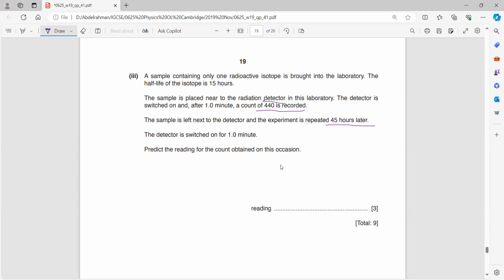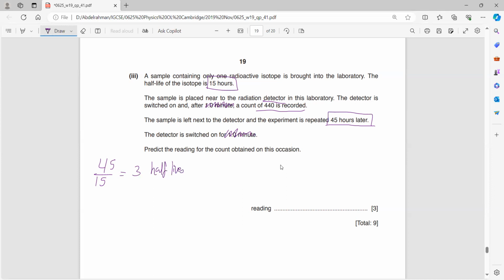Can we do 1 minute times 60, so then we'd have an hour, and times it by 15, and then it'd be 3 times for 45 hours later? No. Look, you have nothing to do with the 1 minute. I don't care about the 1 minute at all. But you'd say 45 hours later and each half-life is 15, so it'd be 3. So the first step: 45 divided by 15 means I have 3 half-lives.